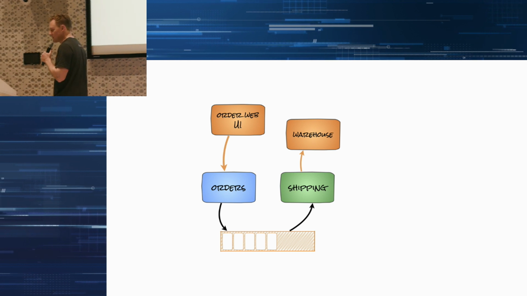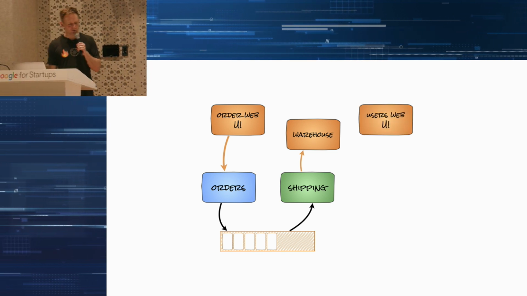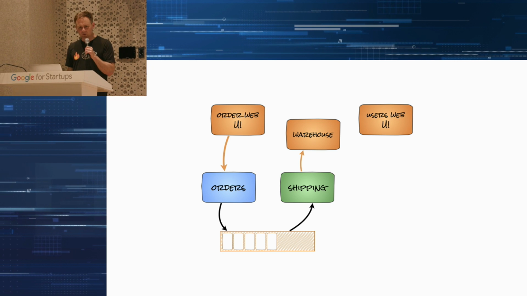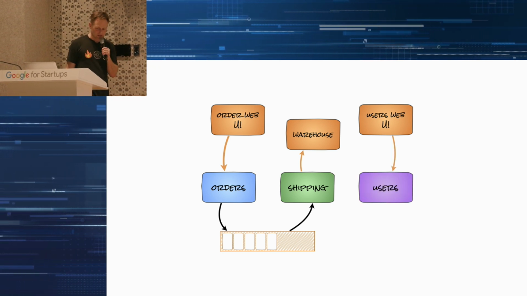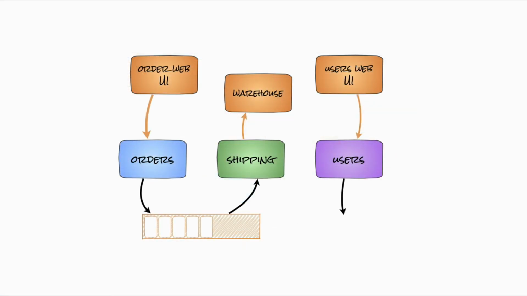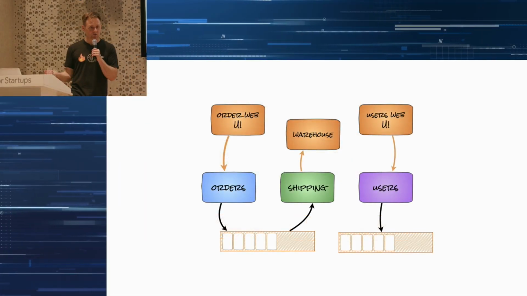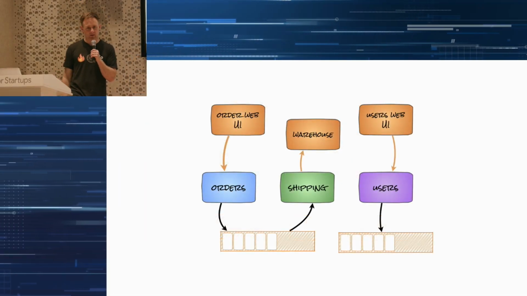Well, that's not quite done yet, because where does it ship it? Well, the user creates a profile with an address and preferences and stuff, and so there's some service that kind of babysits that, and every time a user makes a change to his or her profile, the user service would produce that as a message to a topic. The key being the ID of the user and the value being the user profile.